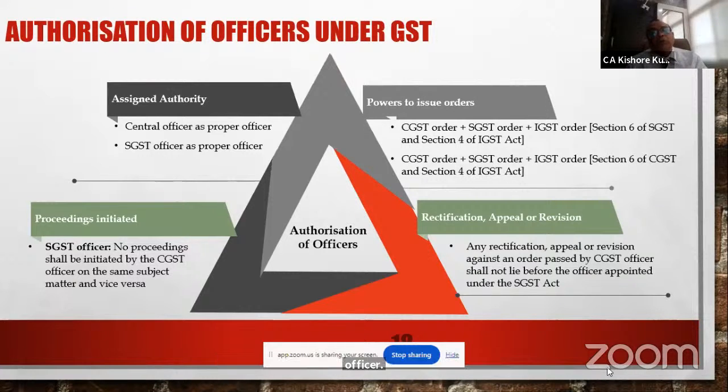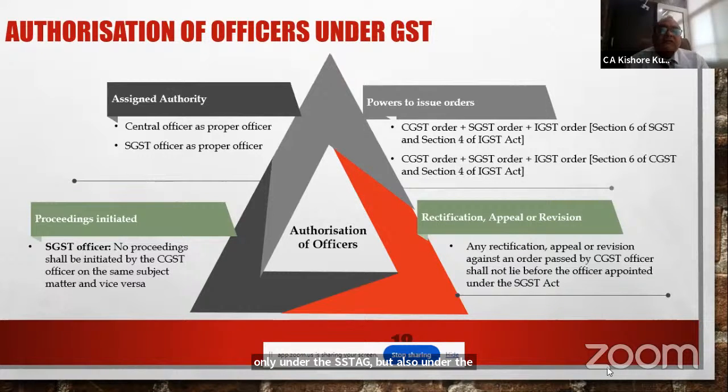So, in order to avoid this kind of hardship, it has been provided in the GST law that an officer who is a proper officer under the SGST Act shall be deemed to be a proper officer under the CGST Act also. So it basically means that when the assessment is initiated by an SGST officer, then that officer is empowered to pass an order not only under the SGST Act, but also under the CGST Act and the IGST Act.